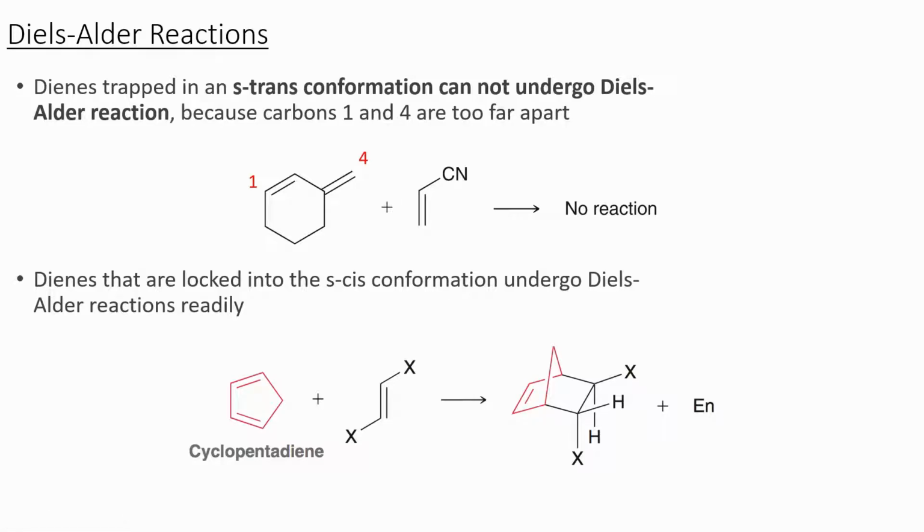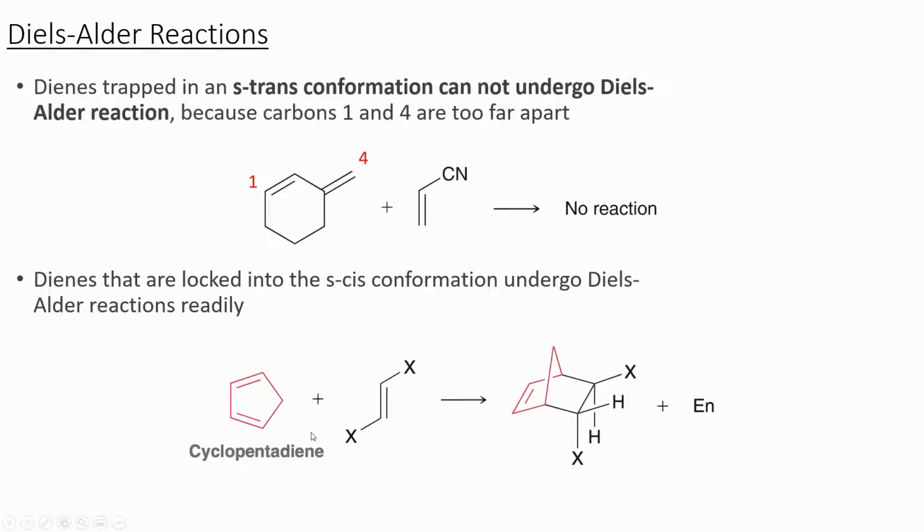There are some cyclic dienes, like cyclopentadiene, that are actually locked in the S-cis conformation. And these are going to be even better dienes for a Diels-Alder because they're already forced into the conformation necessary for our six-membered ring transition state.